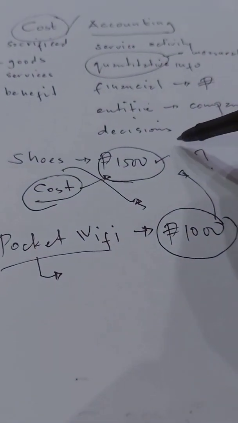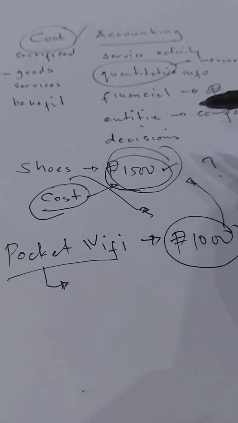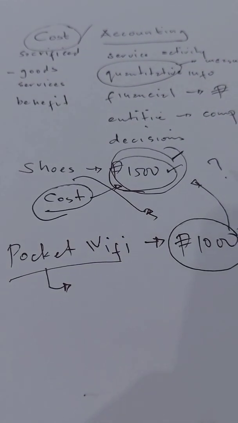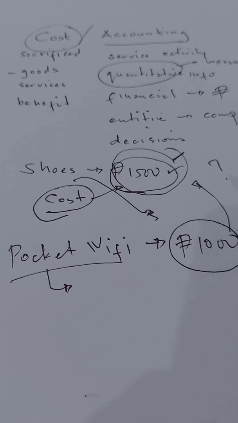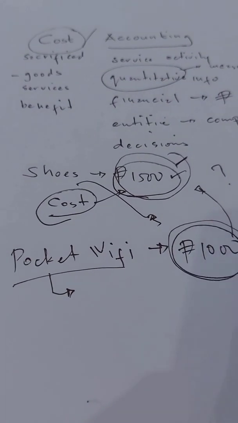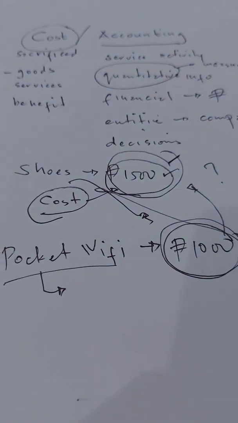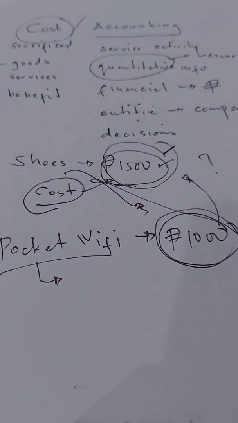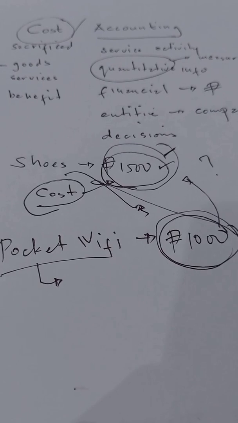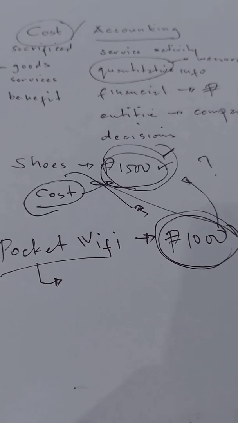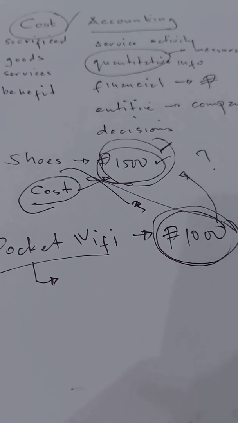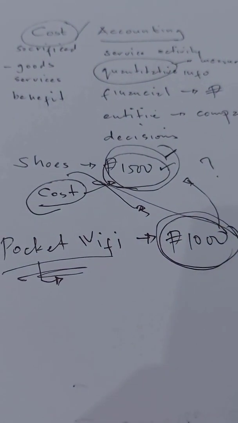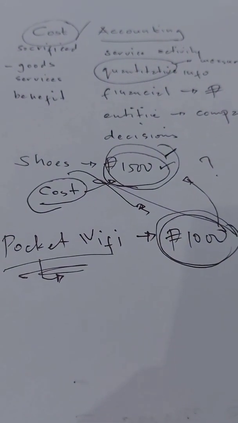Ang give up mo ay yung brand new na sapatos. Magkano yung cost ng sapatos na yon? 1,500. Since nasa iyo na si packet wifi, magkano na yung cost ng packet wifi para sa'yo? Ang sagot ay 1,500. Kasi yun yung sinacrifice mo para magkaroon ka ng packet wifi. Okay? Yun yung cost.